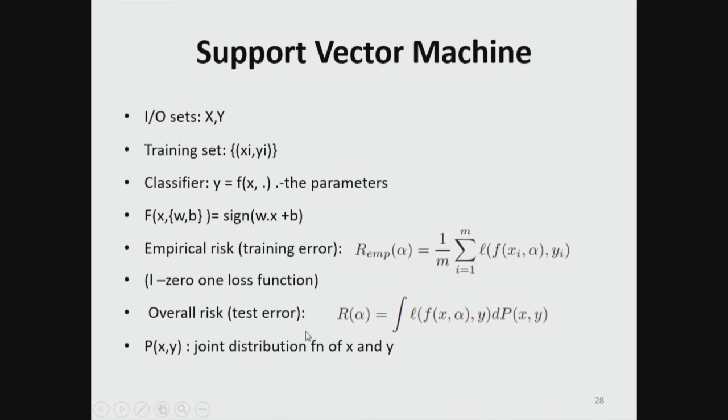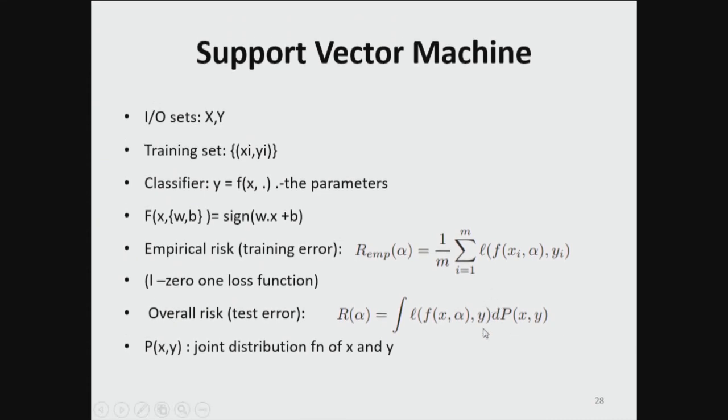Then the overall risk or the testing error is given by the formula R of f, that is R of alpha, where alpha is the parameter, integral L of f of x, alpha, y, d p of x y, where p of x y is said to be the joint distribution function of x and y, which is unknown because we do not know which is the actual function that would give the full 0 error.